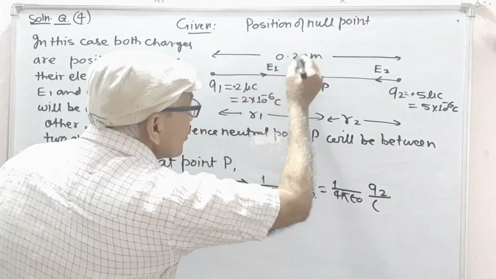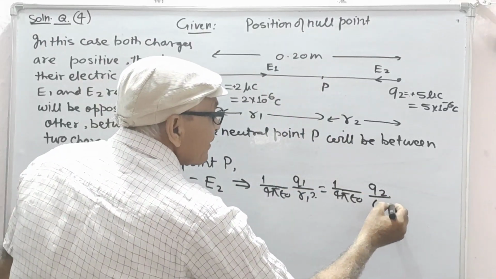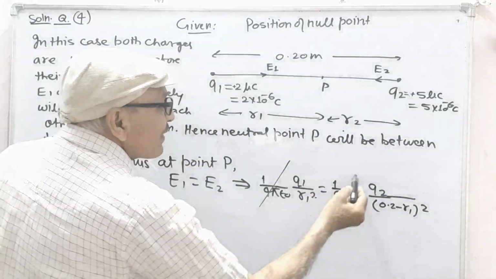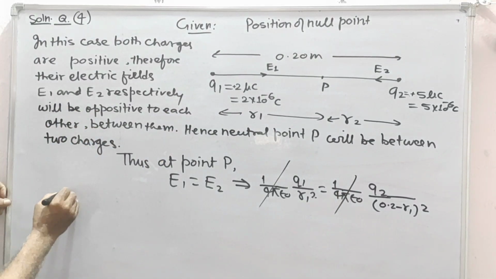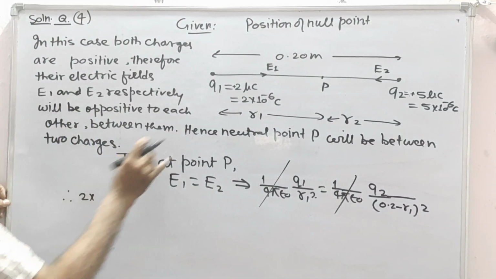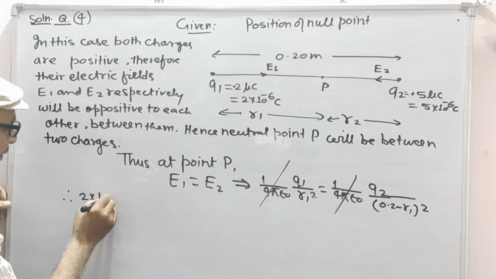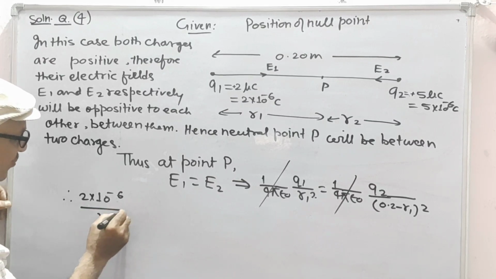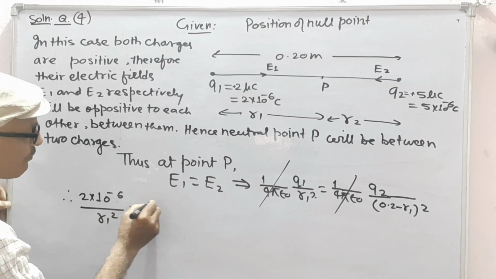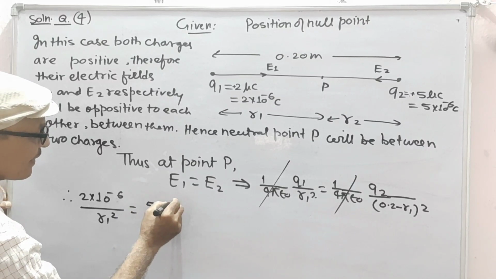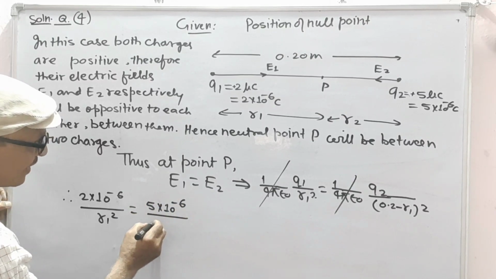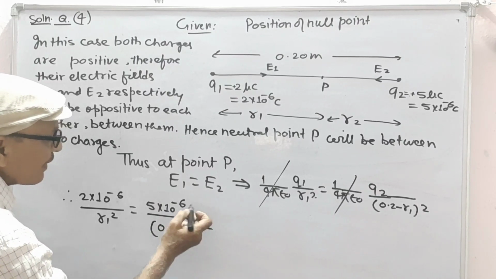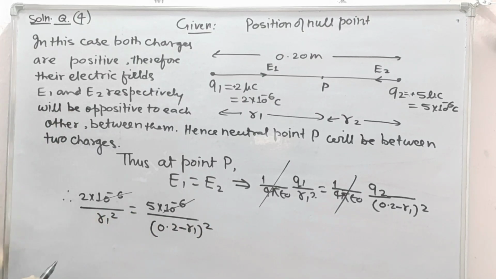R2 means 0.2 minus r1, so 0.2 minus r1 square. 1 upon 4 pi epsilon naught cancels out and we get q1 is 2 into 10 to minus 6 upon r1 square is equal to 5 into 10 to minus 6 upon 0.2 minus r1 square. 10 to minus 6 cancels out.